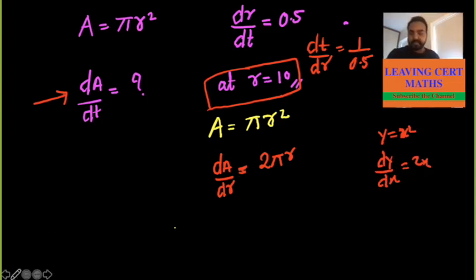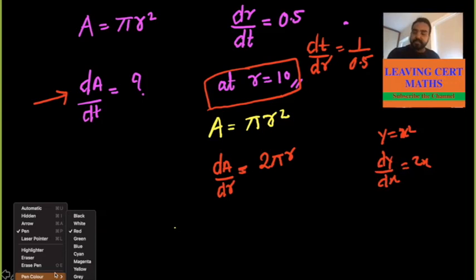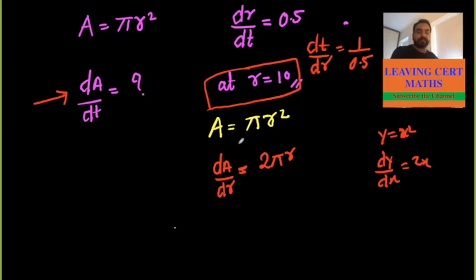Now the main thing is we need to introduce a t here. There is no t, so we need to introduce t because we want dA over dt, we don't want dA over dr. For that, can I write this function as dA over dt multiplied by dt over dr?